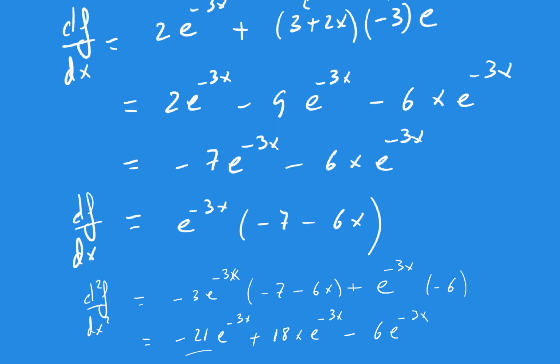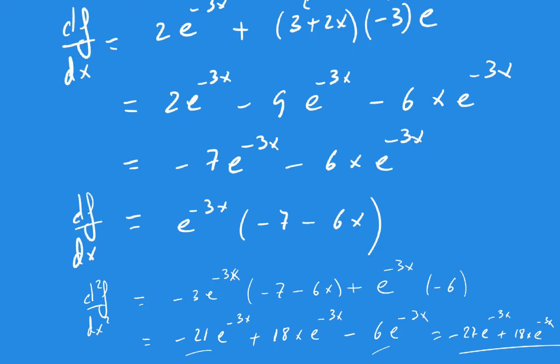So minus 21 minus 6 is minus 27. So it will be minus 27 e to the minus 3x plus 18 times x e to the minus 3x. And this is the final result for the second derivative.